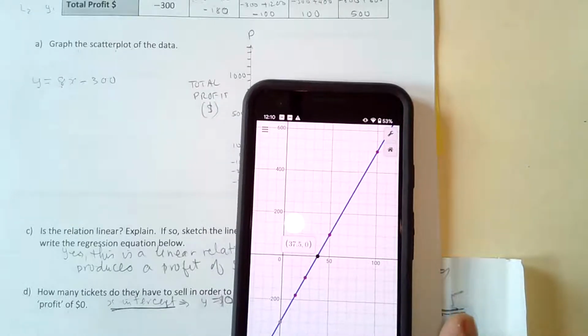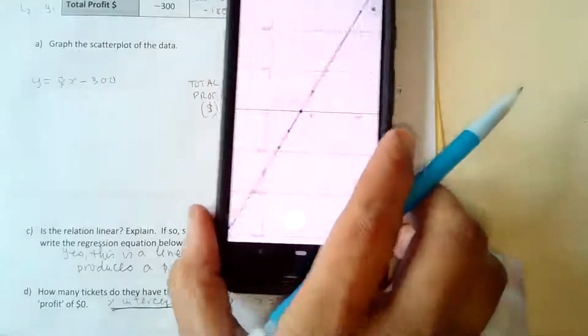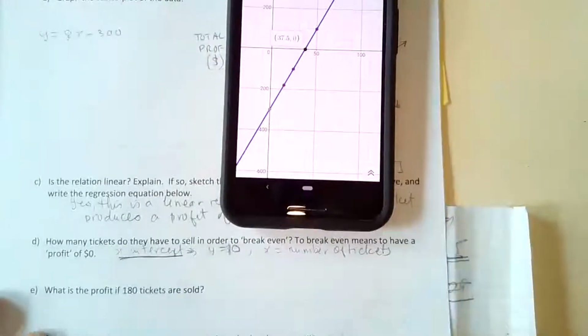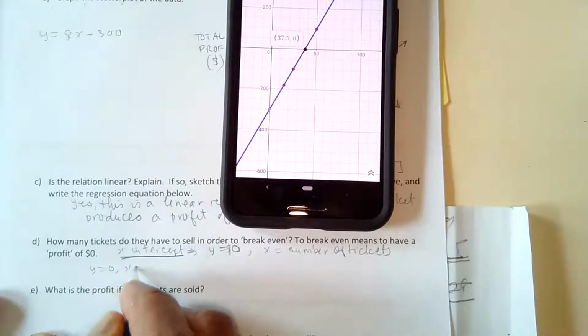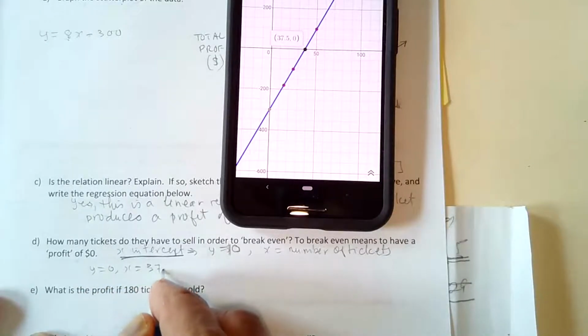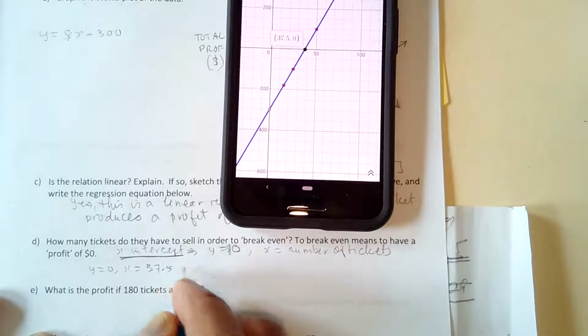The light on the camera is actually reflecting off the phone. So they have to have sold 38 tickets. So we round up. Let's write that down here. When y equals 0, x is equal to 37.5.